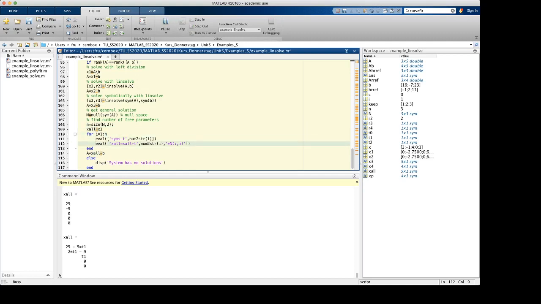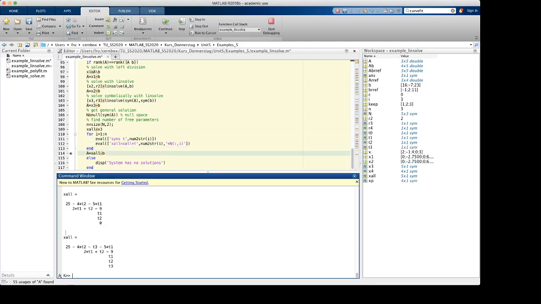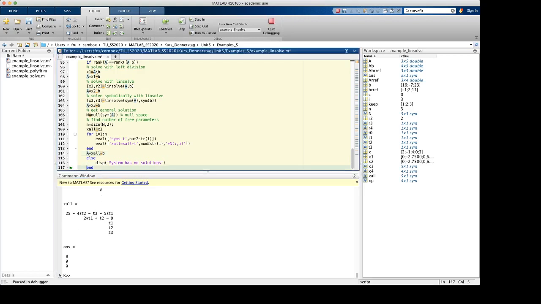So this gives now the following general solution. You see it in the command window. So it's one particular solution plus t1 times the first basis vector plus t2 times the second basis vector plus t3 times the third basis vector of the null space. And this is indeed the general solution. A times xgen minus b is exactly 0.